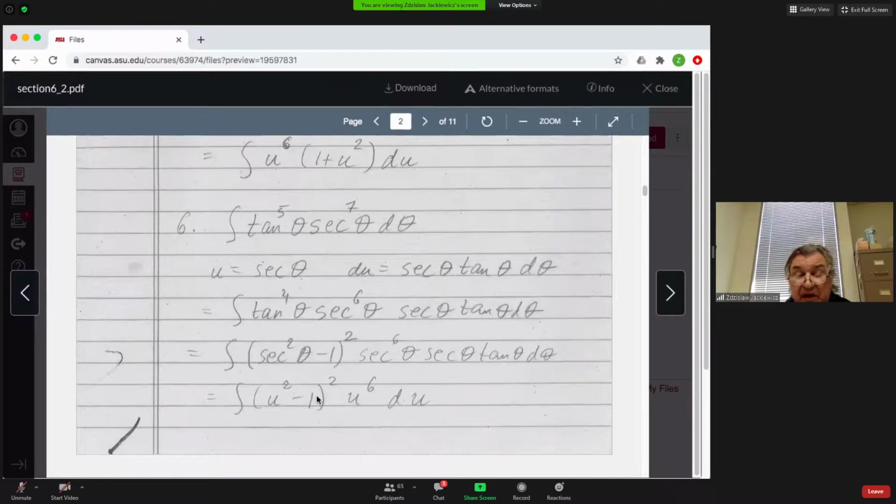That's a polynomial. Of course, to do this, it's not finished. That's u to the power 4 minus 2u squared plus 1. You multiply by this and integrate term by term. So that's how you deal with this.